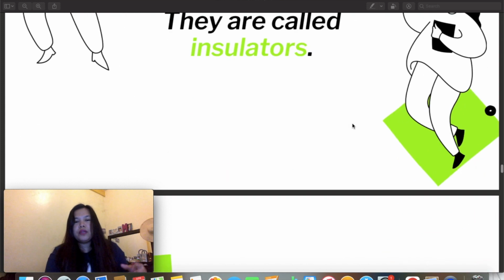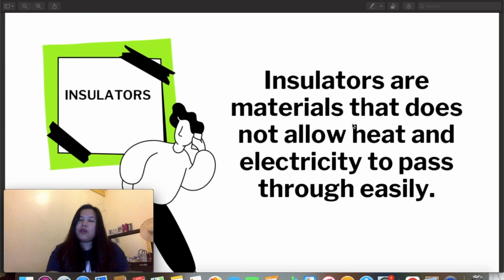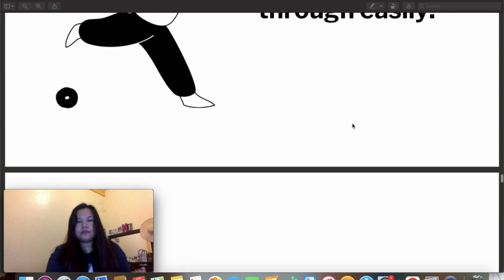So, there are materials na examples of insulator. Okay? So, what is insulator? Insulators are materials that do not allow heat and electricity to pass through easily. So, hindi siya basta-bastang nakuryente, hindi din siya basta-basta nadadaluyan ng init.